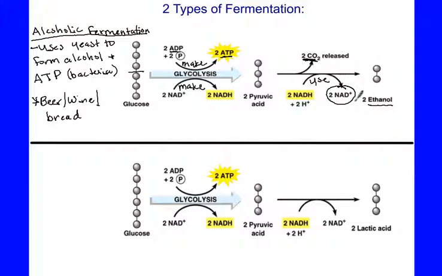Now, when we do that, the used up NADH, now NAD plus, the energy carrier, can come back over here to the beginning, and that's what keeps this process going. Reusing those NAD pluses is how alcoholic fermentation can be a continuous cycle for things like yeast and bacteria.